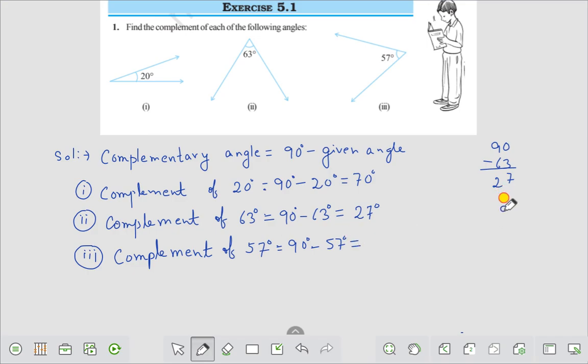If you subtract 57 from 90, you will get 33 degrees. Therefore, the complement of 57 degrees is 33 degrees. Right? This is the solution of question number 1.